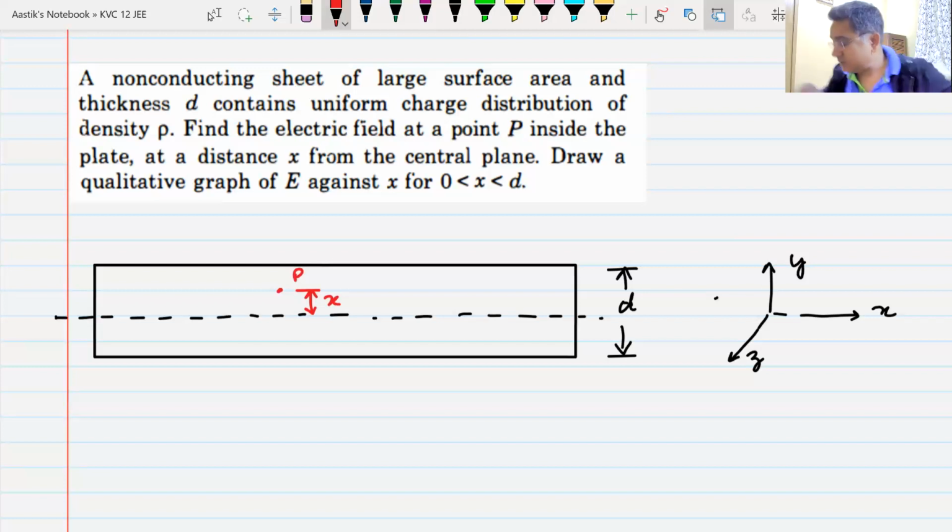I will draw the Gaussian surface. The Gaussian surface will look like this for this particular question.